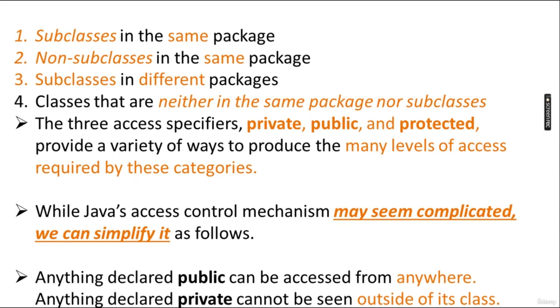While Java's access control mechanism may seem complicated, we can simplify it as follows. You may get confused sometimes about what is happening over there. You may find it complicated unless you practice it. If you are practicing daily, reading daily, learning and remembering the things, you will understand it thoroughly, and then it is very easy to understand.